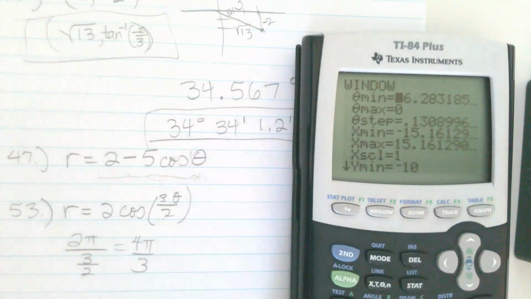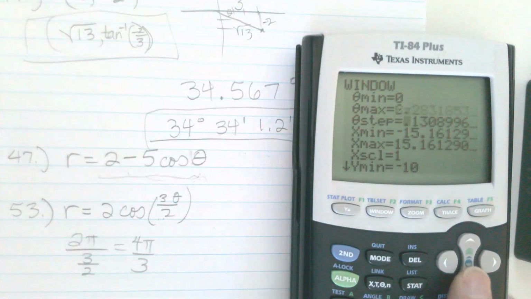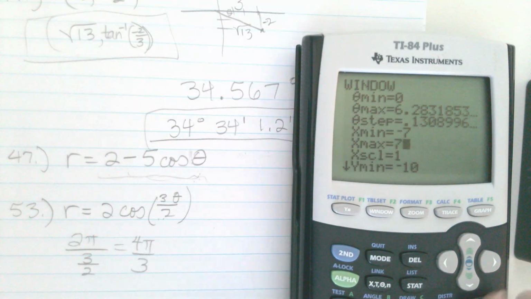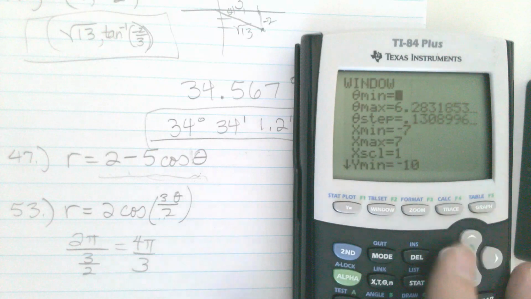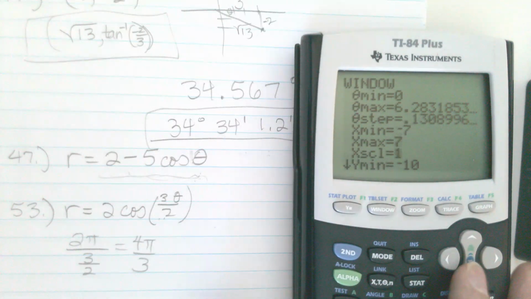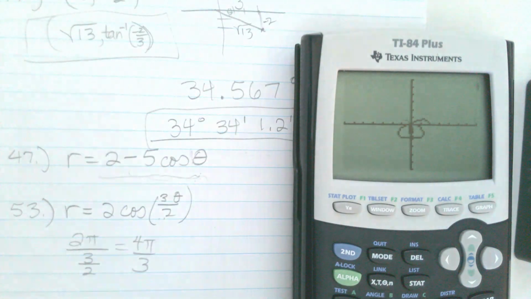So if we start with our normal 0 to 2 pi, let me see what it looks like. Negative 6 to positive 6.